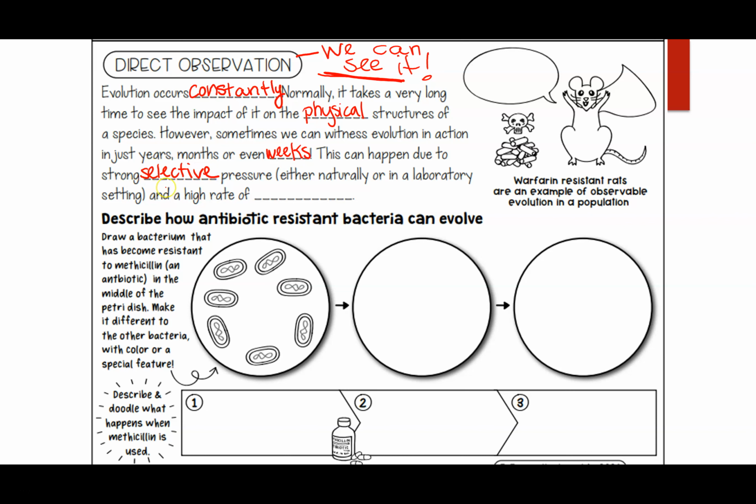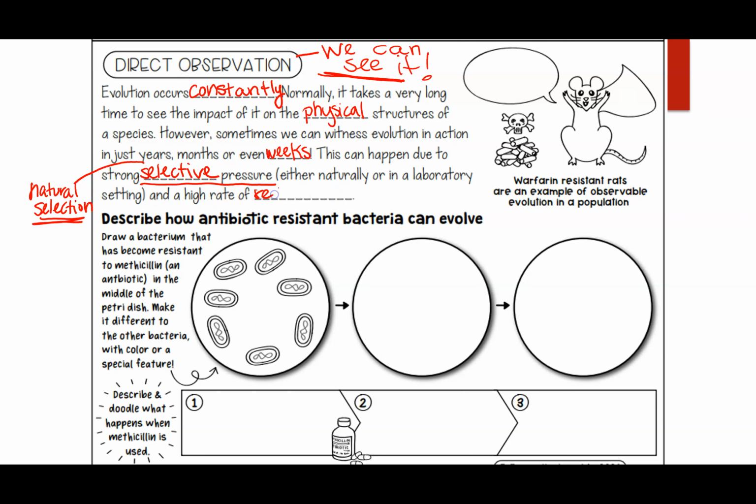And when we're talking about selective pressure, we're talking about natural selection. And we're going to talk about that here this week, okay? And a high rate of reproduction.